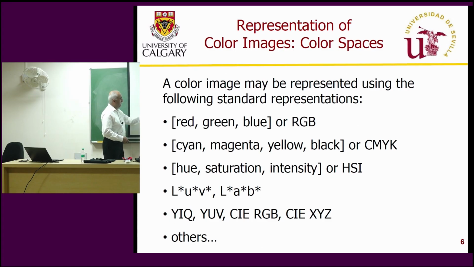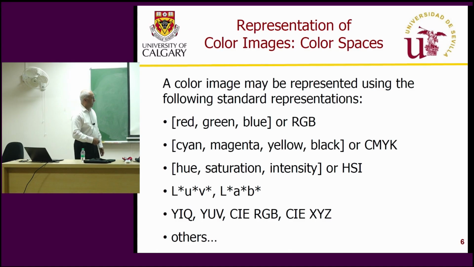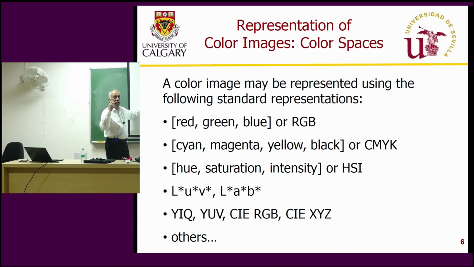HSI, as I mentioned, and then there are some standardized representations from the International Commission on Illumination. CIE is the French acronym for it, and some committees have come up with standardized representations to improve the representation of color and bring certain measures of color closer to human visual perception, such that some attributes and distance measures computed in these domains agree with human visual perception.